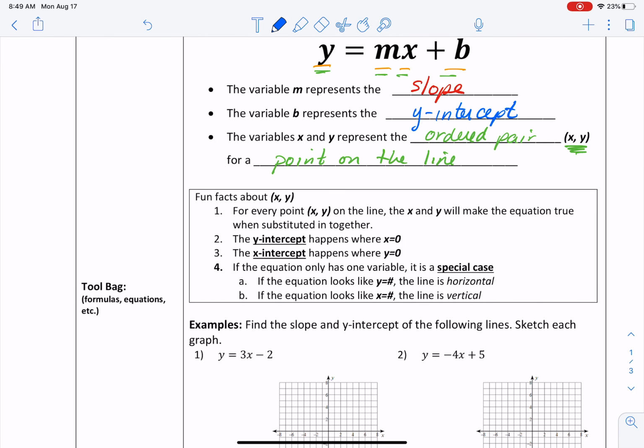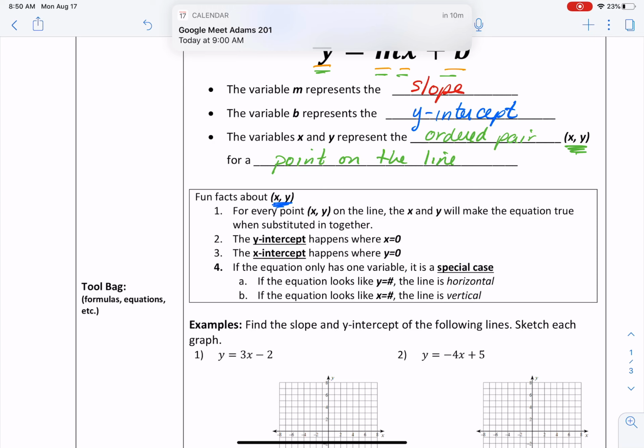So here's a few pieces of information about x and y. Remember that ordered pair. For every point on the line, the x and y will make an equation true when substituted into the equation.